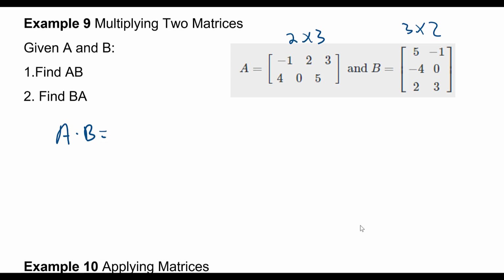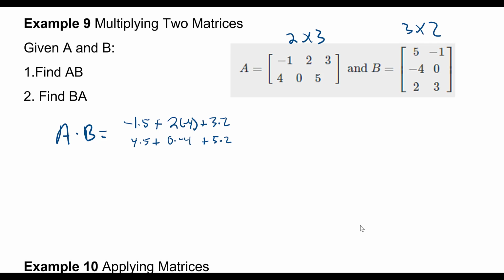-1 times 5 plus 2 times -4 plus 3 times 2. That's the first entry. 4 times 5 plus 0 times -4 plus 5 times 2.